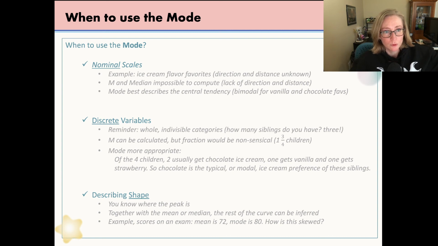Okay, so when would we use the mode? It seems kind of like a throwaway, why bother? The mode is used more for non-numerical scales of measurement, such as nominal scales, like the ice cream flavor favorites that I showed, or from the last chapter, theme parks.